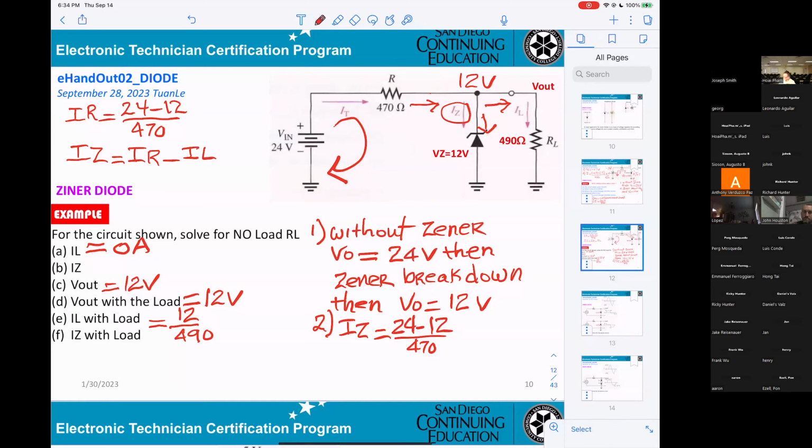That means IR goes to this point, one goes to G, one goes to IL. IL you already know, so you find the difference. You can get IG.